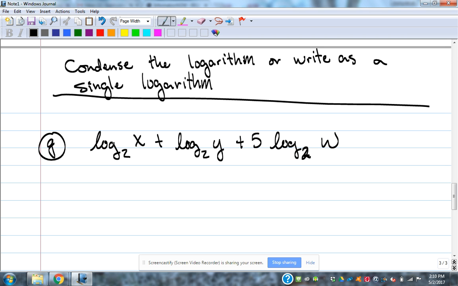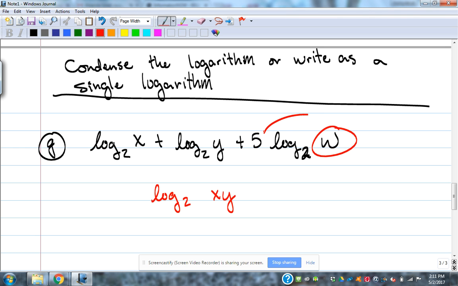Okay, so what's going on between everything here? It's addition. So addition, when we go to think about our log properties, addition came from what? Multiplying. So what's going to get multiplied together here? Log base 2 of x times y. And what about this last piece? It'd be w to the 5th.